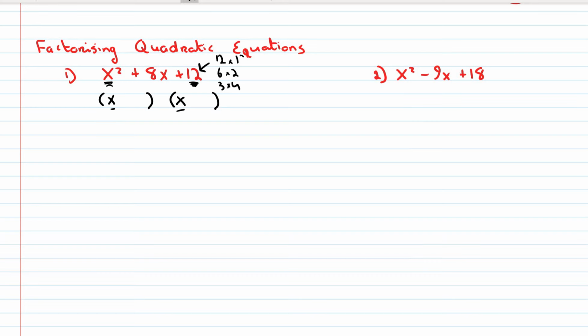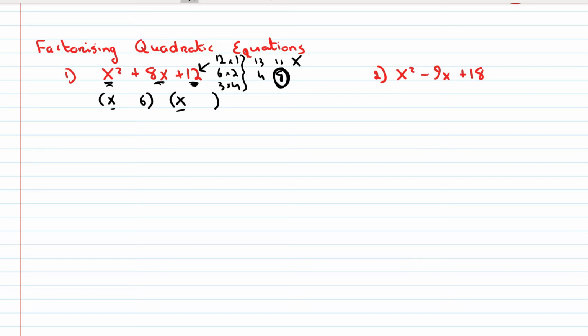Now I ask myself, which one of these three numbers can add or subtract to give me 8? Well, 12 plus 1, 13, 12 minus 1, 11. Definitely not that. 6 minus 2 is 4, 6 plus 2 is 8. That's what I'm looking for.